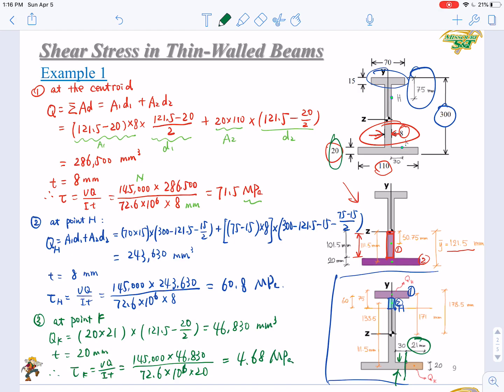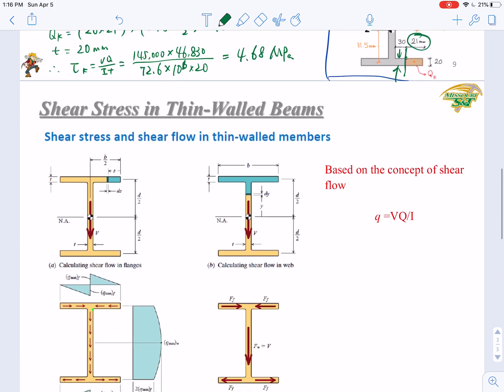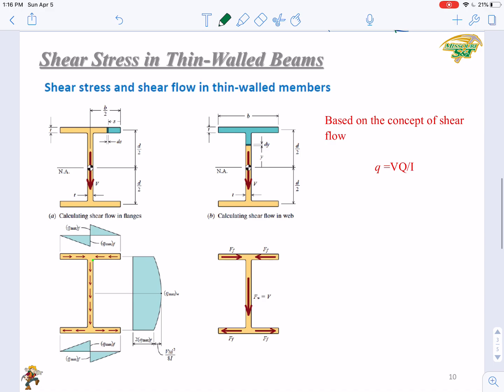Okay, so this is our example 1. So then here is the summary. What is shown here is the I-shaped beam, thin walled beam section, the cross section. You can calculate the shear stress at random points, and you can also calculate the shear flow at the random points. If you summarize a lot of calculations, you will get this result.